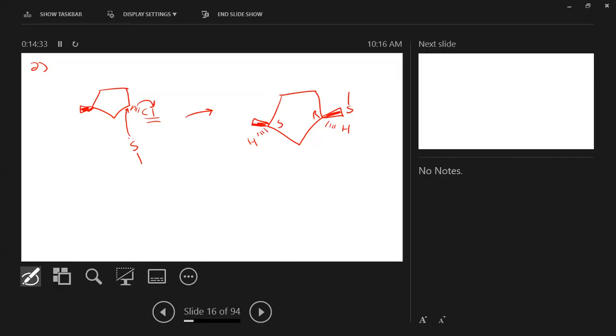So we're going to put 1R, 3S, that's going to be chiral. You have to check those two boxes.